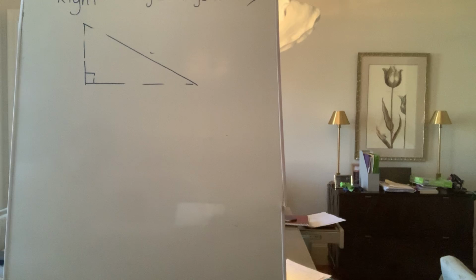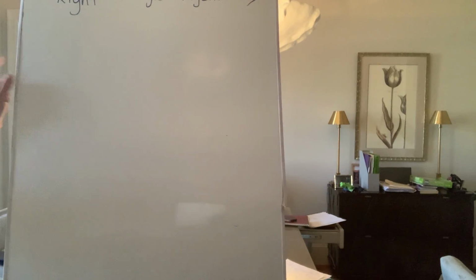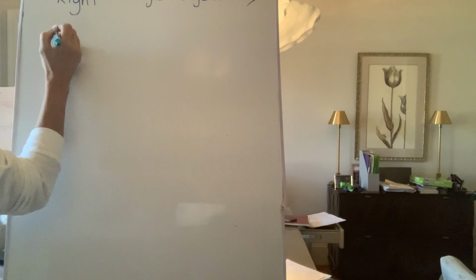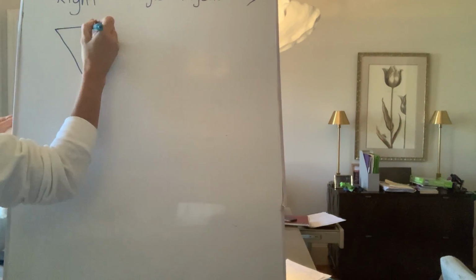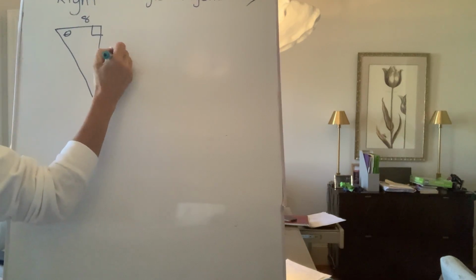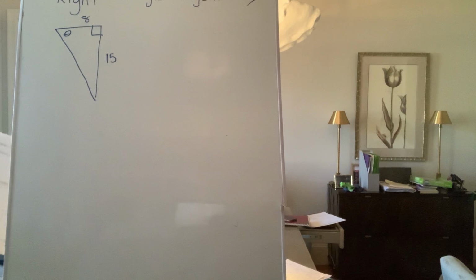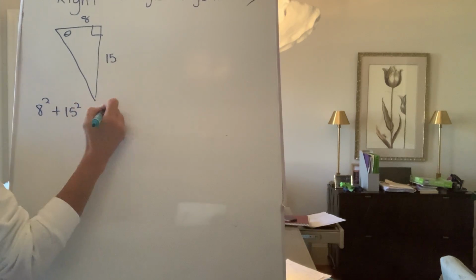So for example, in your note sheet, you have this problem, and you're asked to calculate the 6 trig functions. I'm going to want to use the Pythagorean theorem here to figure out what the hypotenuse is.